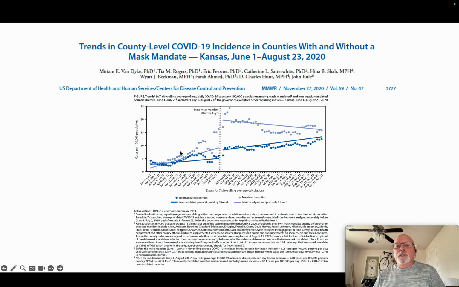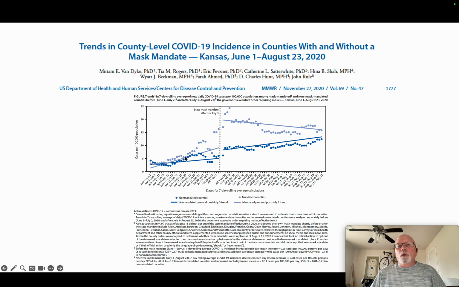And what they found was that in the case of both counties, the rate of increase of cases was increasing over time until the mandate, and then after the mandate, in the non-mandated counties, the rate of increase was essentially unchanged, and the rate of transmission was flattened or reversed in the mandated counties.